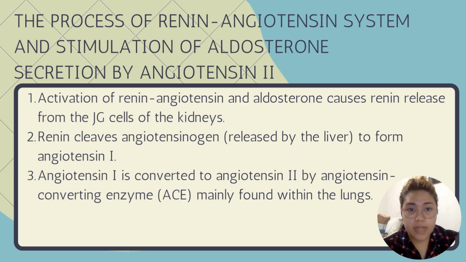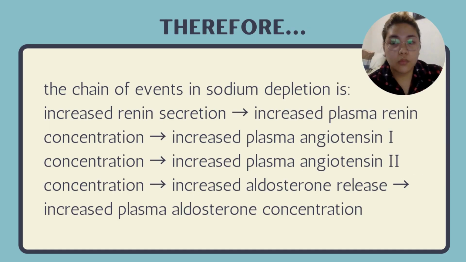Therefore, angiotensin 1 needs to be converted into angiotensin 2, and this is accomplished by an enzyme fittingly named ACE, or angiotensin converting enzyme. And this enzyme is mainly found within the lungs.